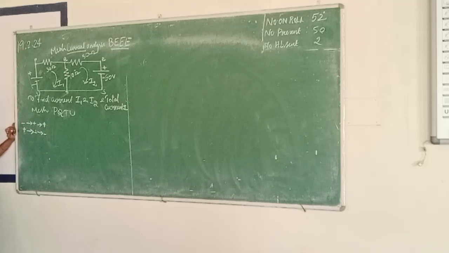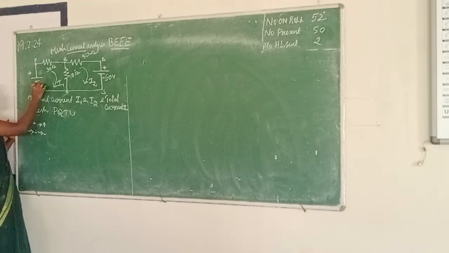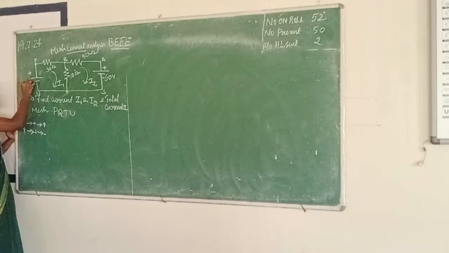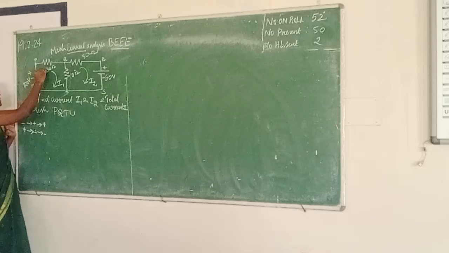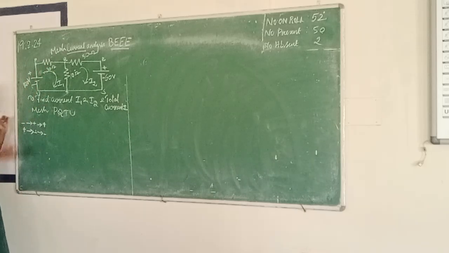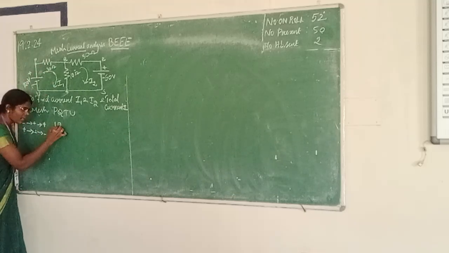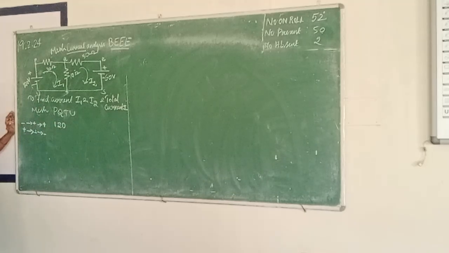Follow this till the end for whatever problem we are going to solve using mesh current analysis. So now the voltage value here is 120. Minus to plus it is here. The current flows in the clockwise direction. How will we be writing the first equation for the loop PQ? It is plus 120.